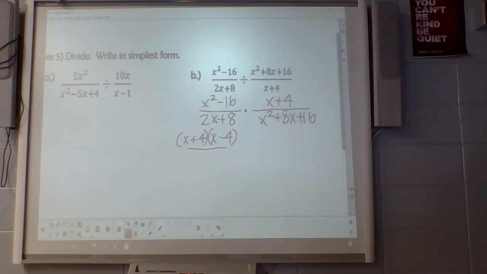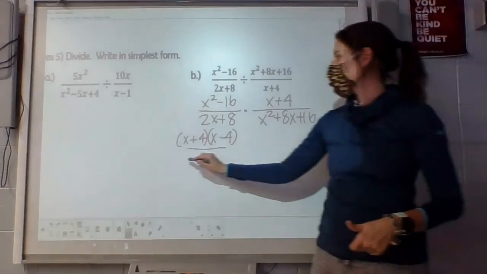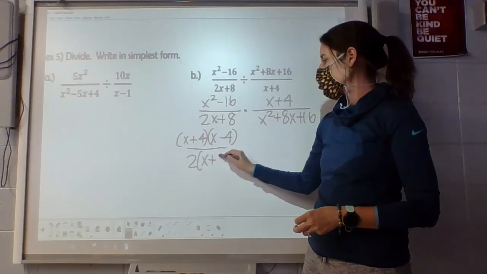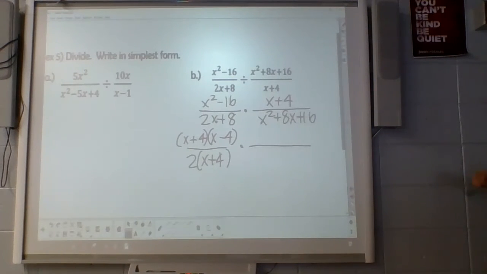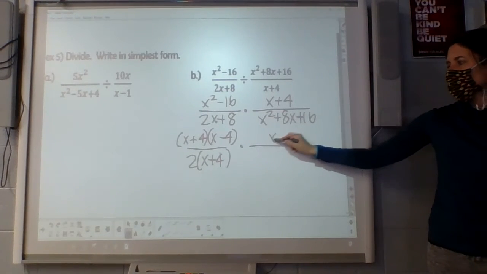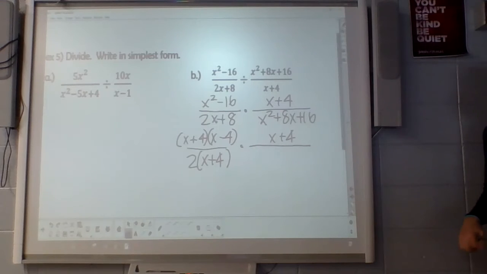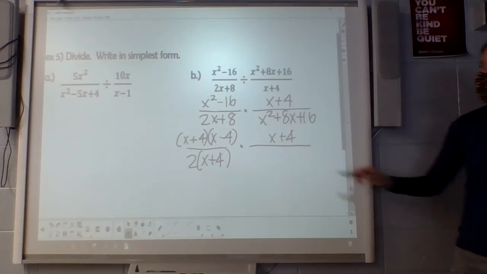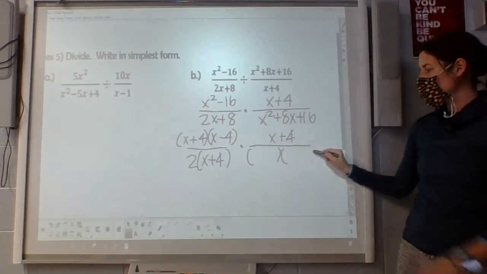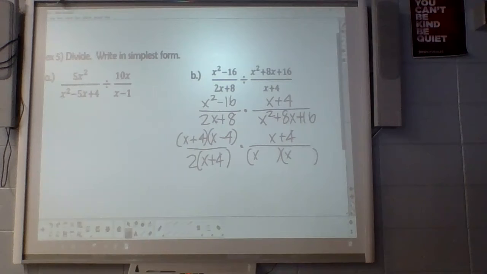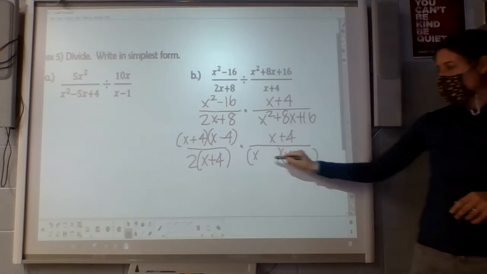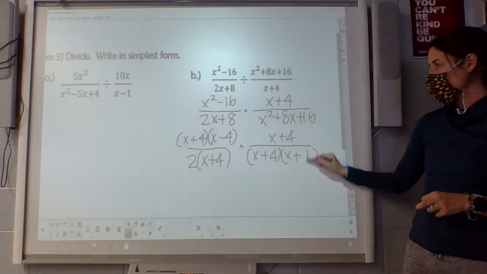You can pull out a 2. This one I can't take out anything. And then this last one, since it has 3 terms, I want to multiply to get 16 but add to get 8 this time. Plus 4, plus 4. So lots of 4s here.